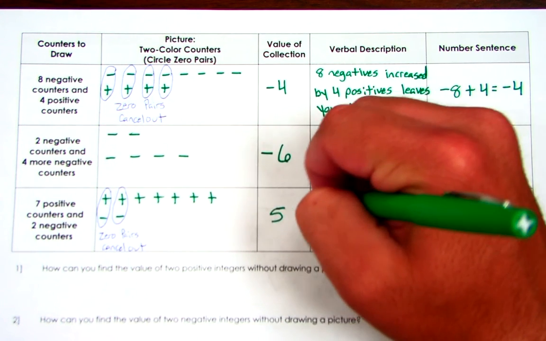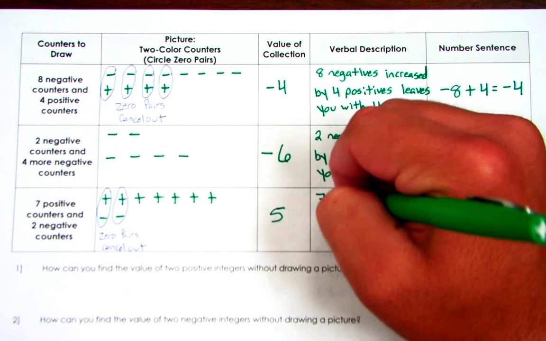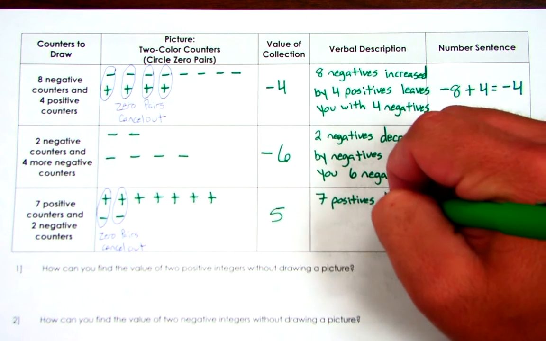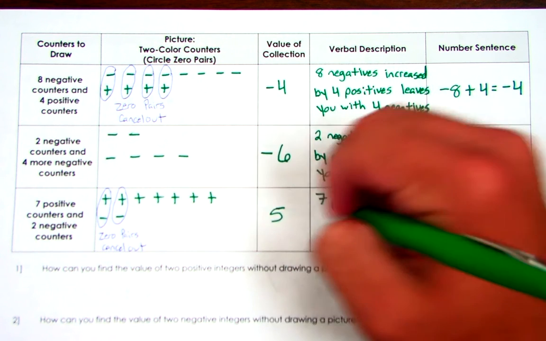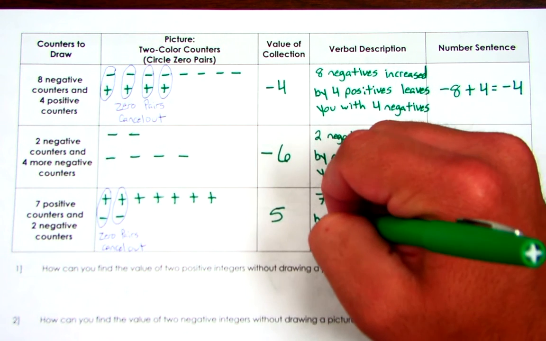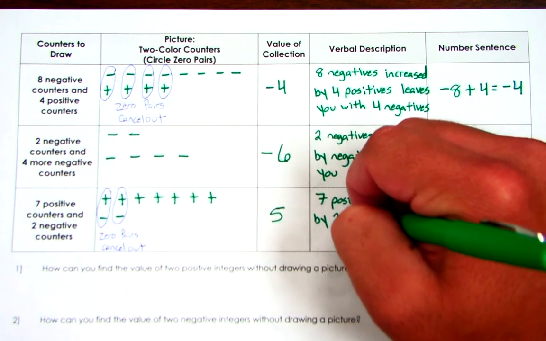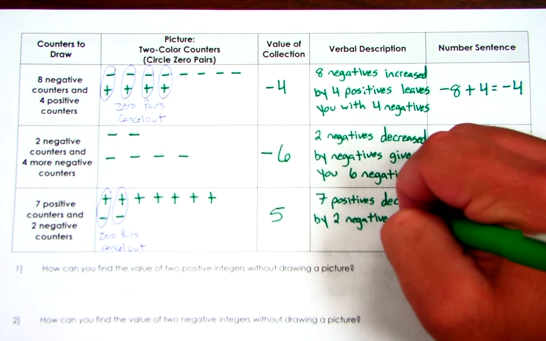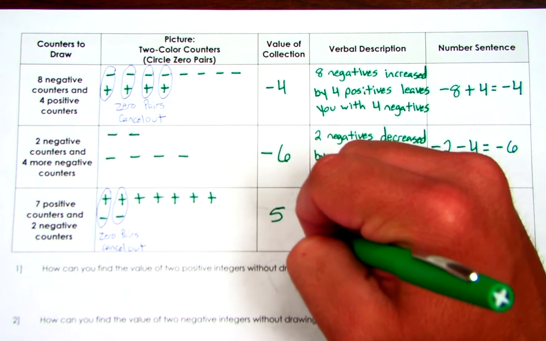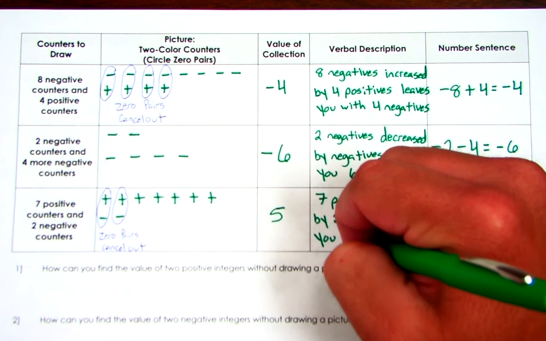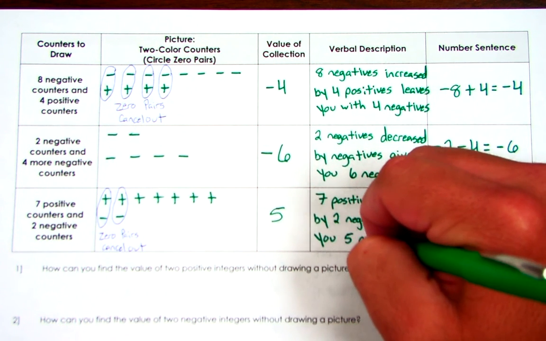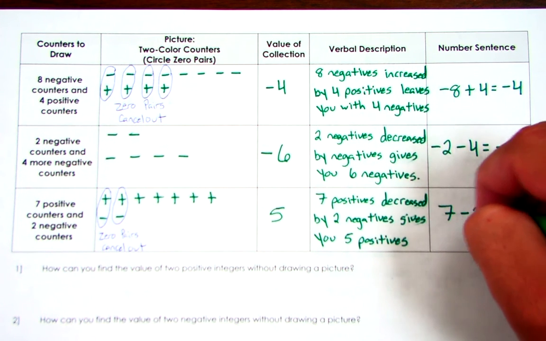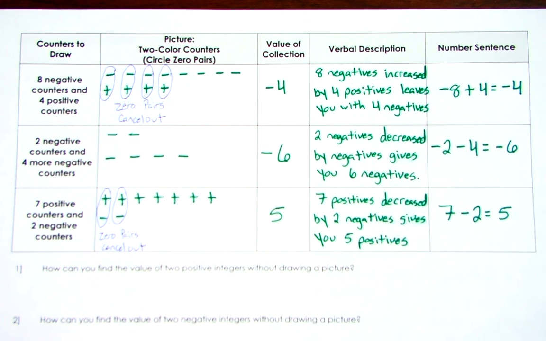So that's 7 positives decreased by 2 negatives gives you 5 positives. Mathematically, 7 minus 2 gives you 5.